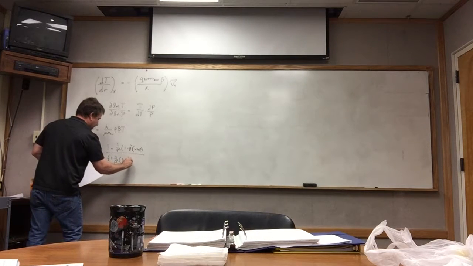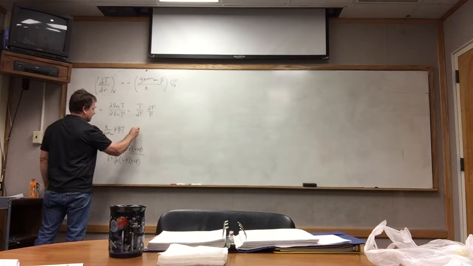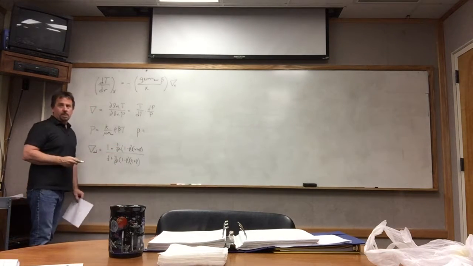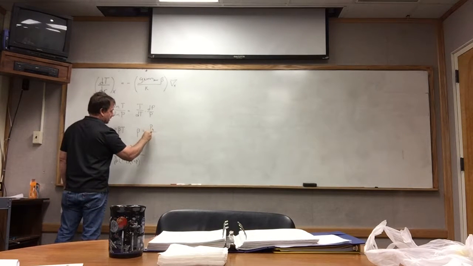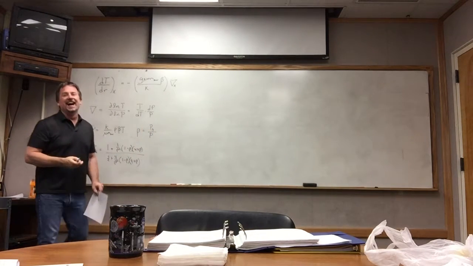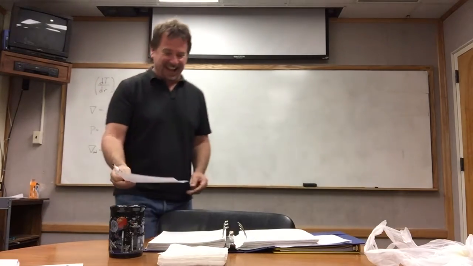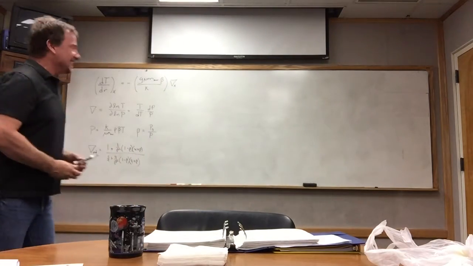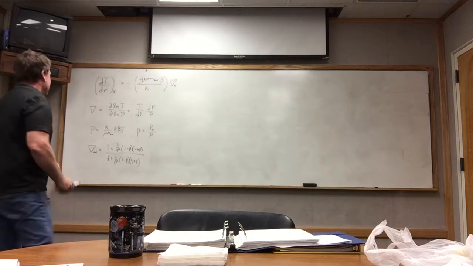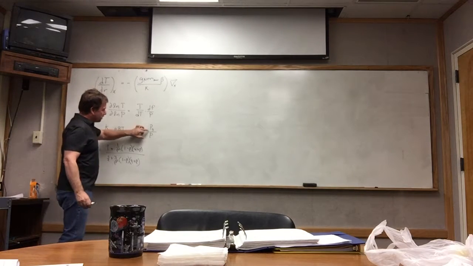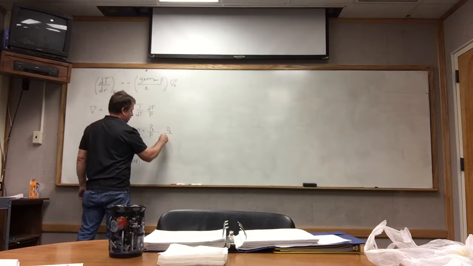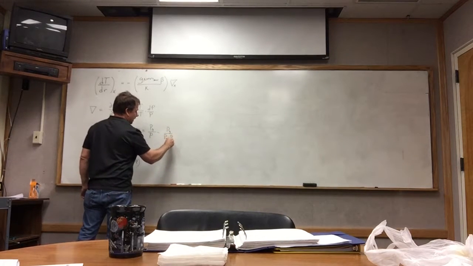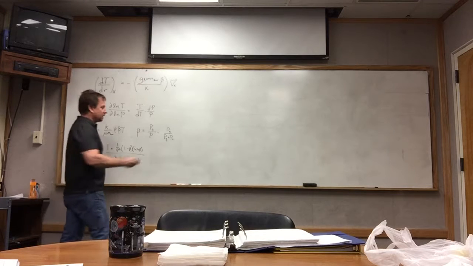Anybody remember what beta was? Like 1 minus gamma over gamma, maybe? Nope, just... I love it. That was awesome. This is the ratio of the gas pressure to the total pressure, which is the ratio of the P gas over P gas plus P radiation. Okay.